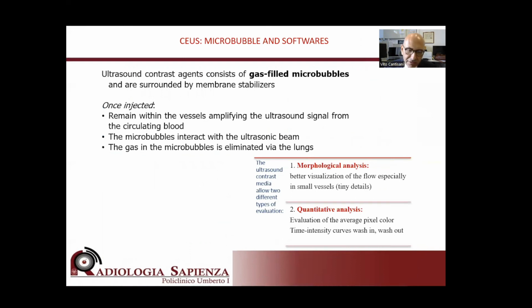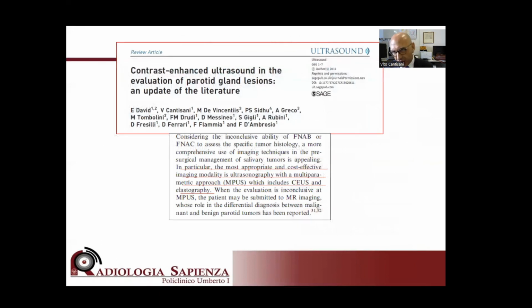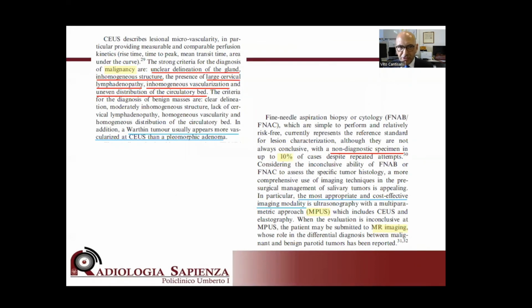We know also that we have the possibility to use PoC-US. PoC-US provides us morphological and quantitative analysis. And we also published our experience trying to show what are the specific features that can help us to better differentiate Warthin tumor, that I anticipate to you is more vascularized than pleomorphic adenoma and is softer than pleomorphic adenoma.